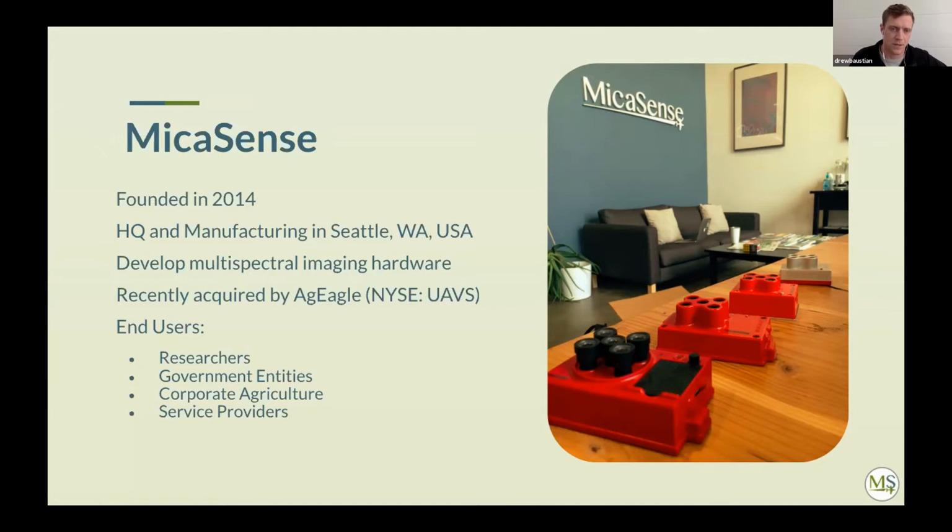We do a lot of work with the USDA, the USGS, a lot of government entities like that. We work in corporate agriculture a little bit. If there's a large agricultural entity, generally they have an R&D wing, and that's where they're trying our cameras out for production purposes. And then we also sell to service providers, so drone service providers who are servicing the above 3 groups.